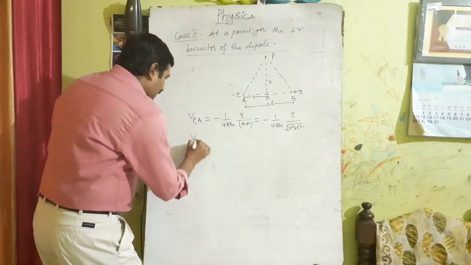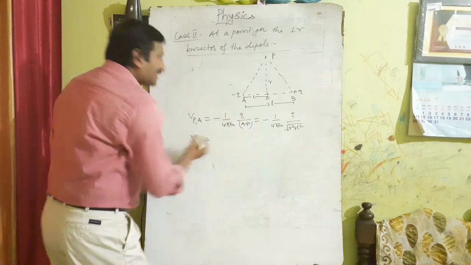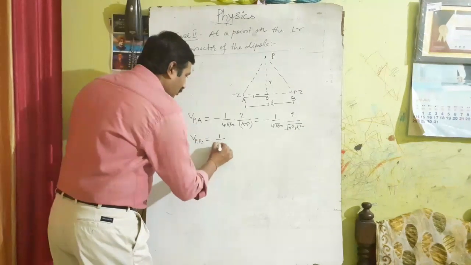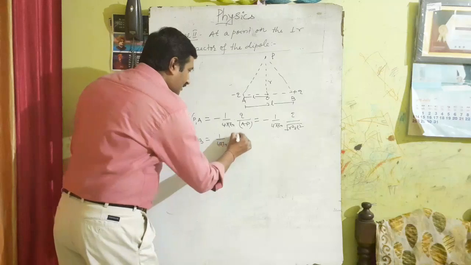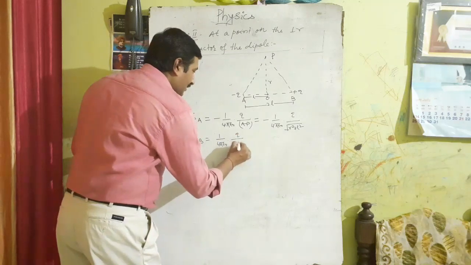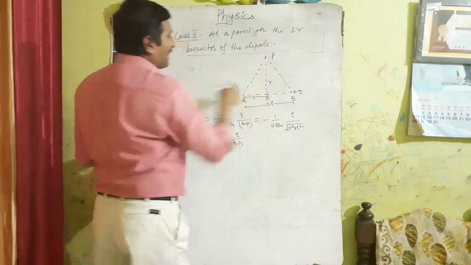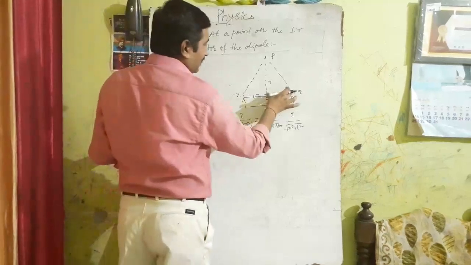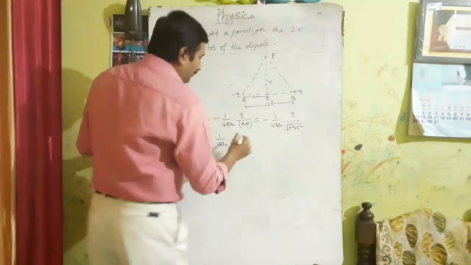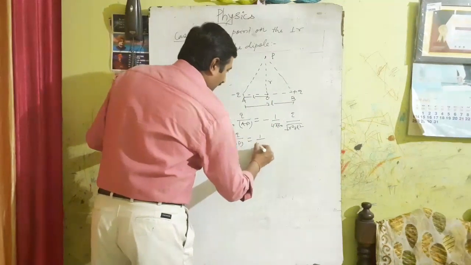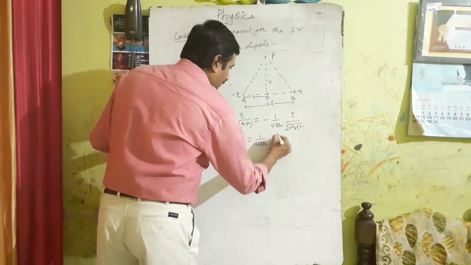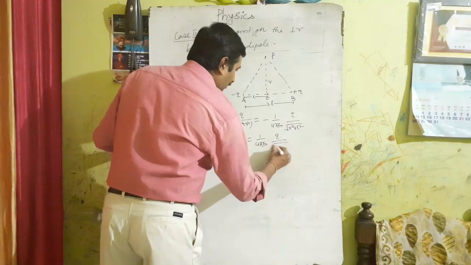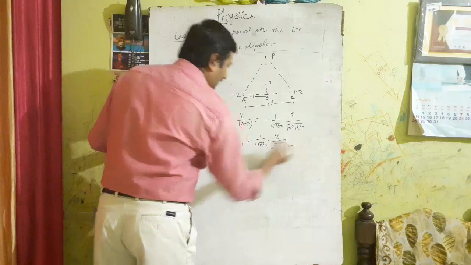Electric potential at P due to the charge at B. The charge is positive, so this is 1 by 4 pi epsilon naught Q by BP. You see, BP and AP are equal because this is L, this is L, so this is an isosceles triangle. It is equal to 1 by 4 pi epsilon naught Q by square root of r square plus l square.